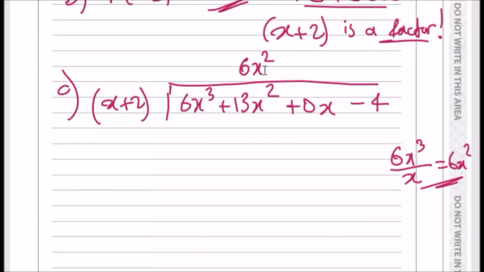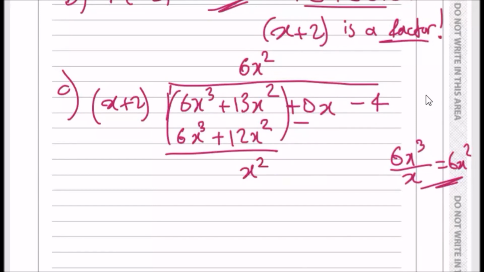Now, all you do is multiply this by the factor. So 6x squared times the bracket should give us 6x cubed plus 12x squared. The point is we're trying to keep doing this until we get a final remainder of 0, and then the top half, the quotient bit, would be the part we can factorize. Now let's subtract this, so big bracket, a minus sign. All of this should just give you x squared.